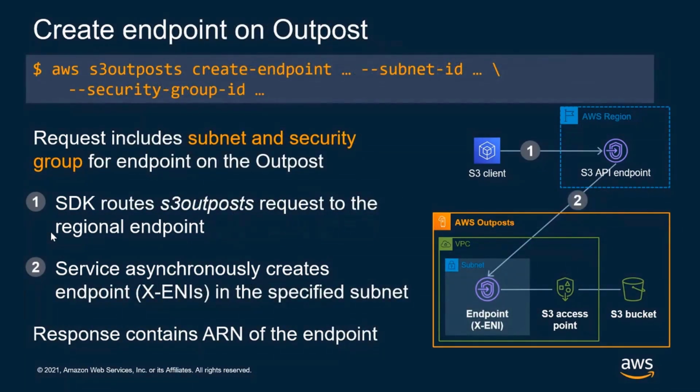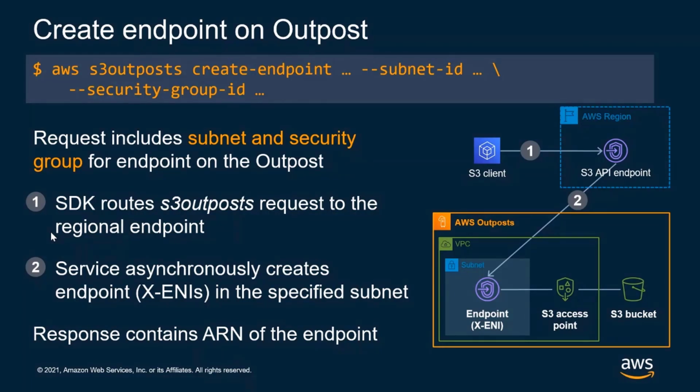Once you create the access point, then you need to create an endpoint for the specific VPC that you've mapped to that Outpost. Once again, this is done from the region using the S3 API, SDK, or CLI, where you create that endpoint and give the subnet ID.